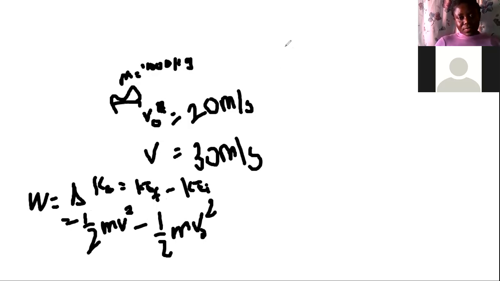So you don't subtract V minus V naught. This is wrong. If you do V minus V naught, this is not equal to that value there. But you can subtract V squared minus V naught squared, so you can find the change in the velocity squared.